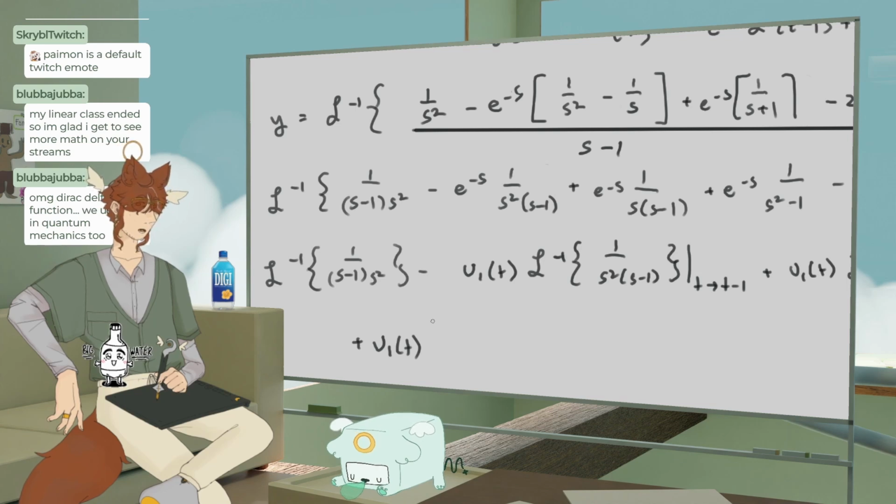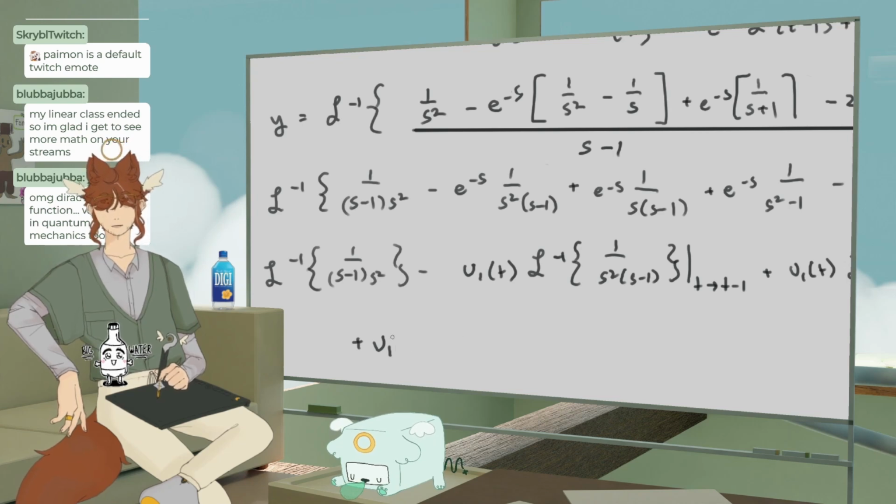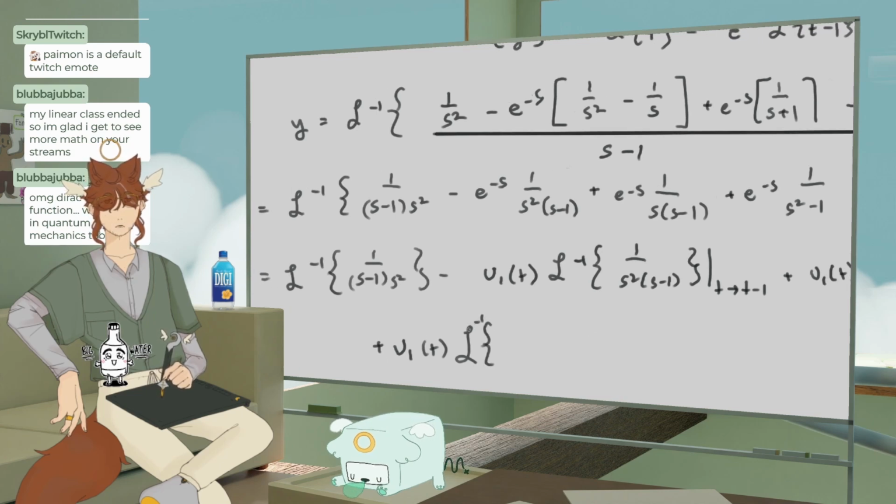Uh-oh, is that i? Might be i. Maybe I have to decompose that. I don't know if I can have an i in there. I'm going to leave that one. u1 of t times the Laplace inverse, whoopsies, of 1 over s squared minus 1. I may need to decompose.